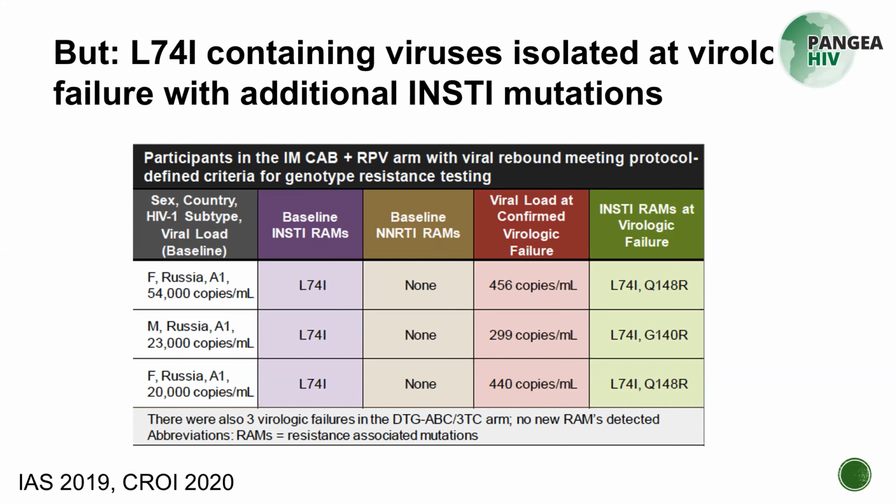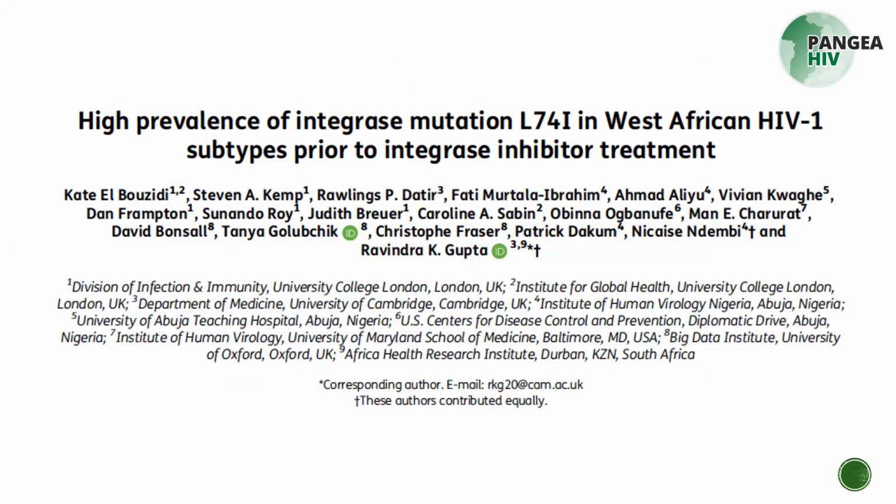We often see virologic failures without major integrase mutations, but in this study, they've shown these patients have clearly developed major drug resistance, conferring decent levels of resistance in vitro. So next slide, please. So this is something to watch out for.